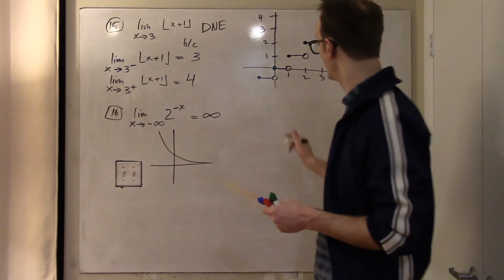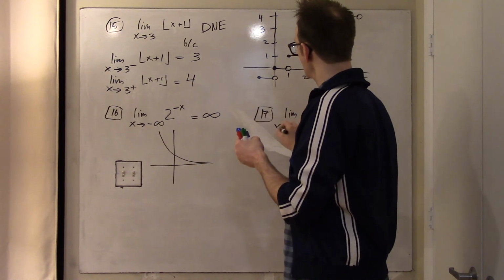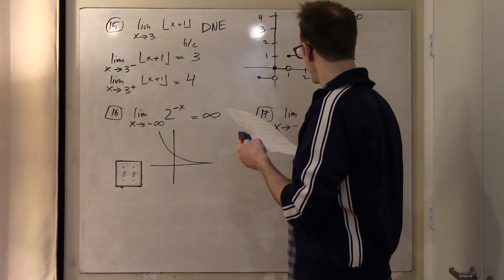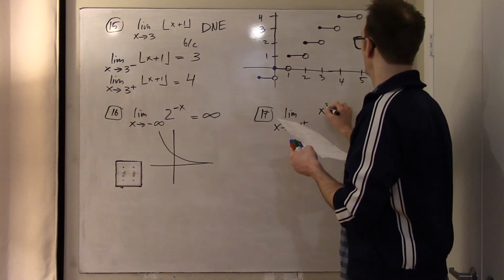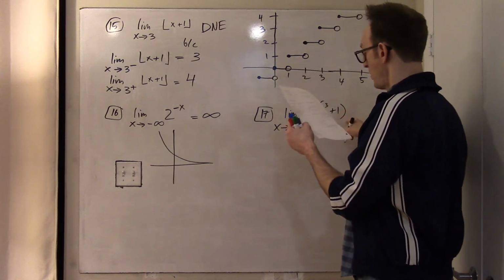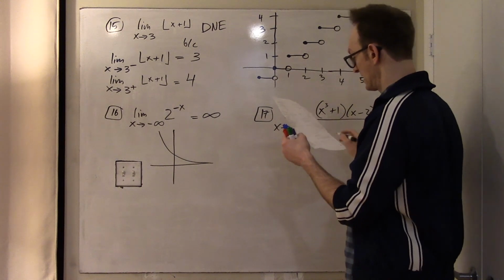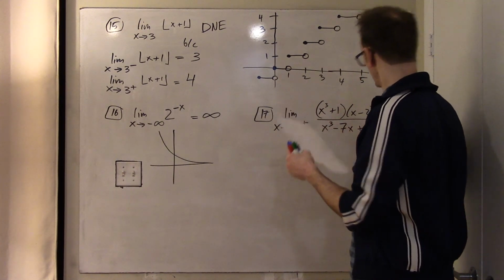Good. Last one. 17. The limit as x approaches negative 1 plus of x cubed plus 1 over x minus 2 times x cubed minus 7x plus 6.